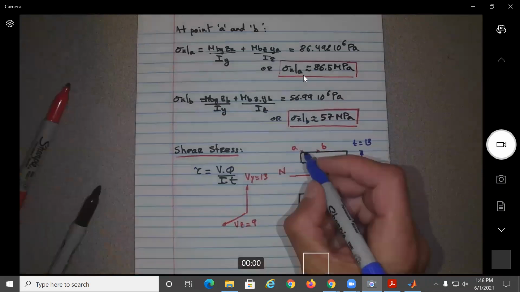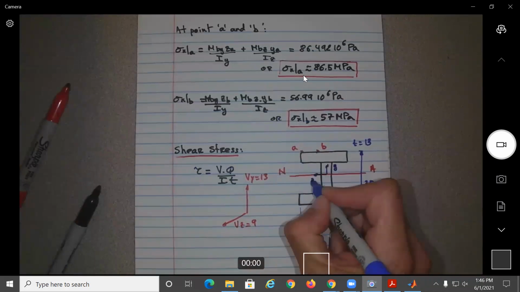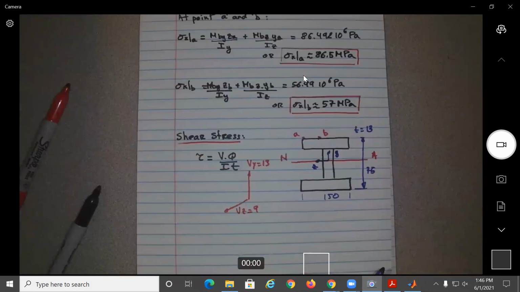Again, this should be the same coordinate system, Y and Z.